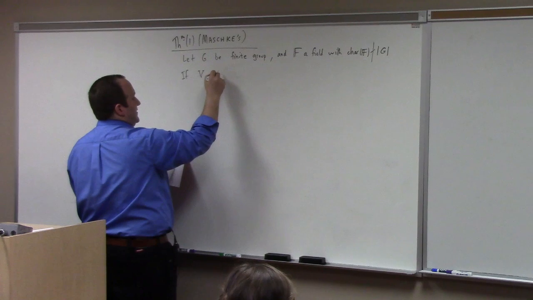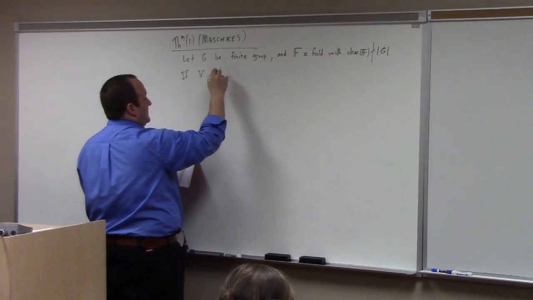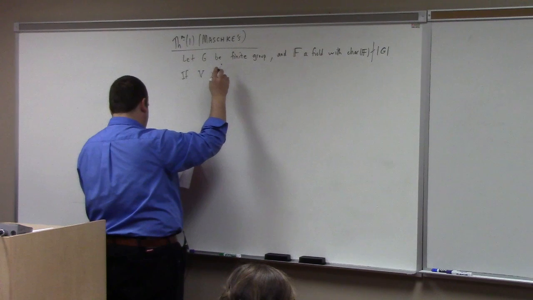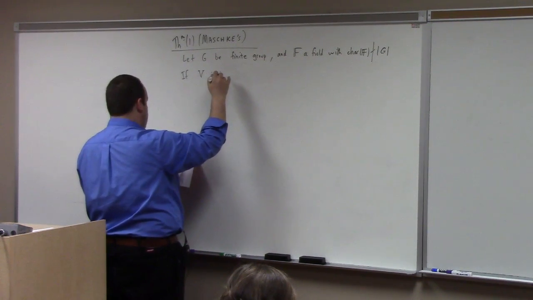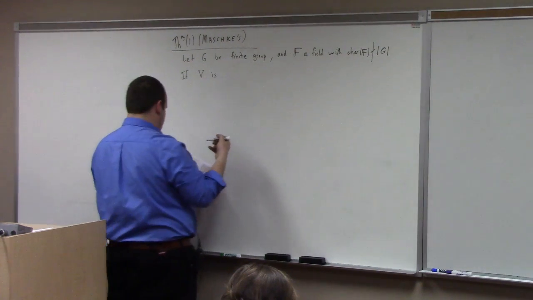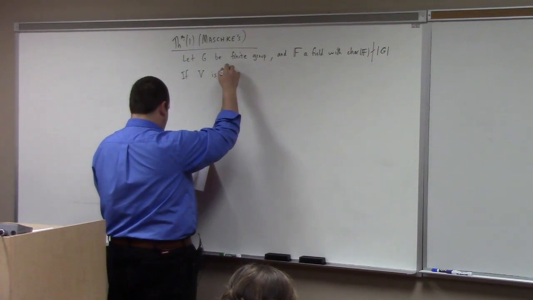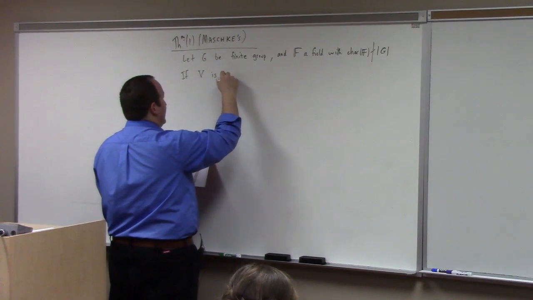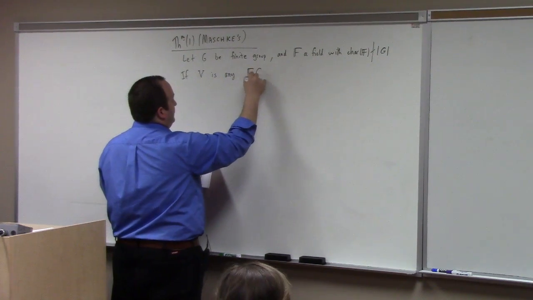How many times do we need to add the number 1 to itself to get back 0, if at all? If it doesn't ever happen, the field is said to have characteristic 0. So in particular, this theorem applies to fields with characteristic 0, which is, in truth, all I care about. But that's because I'm a bad mathematician. That's very close-minded of me, isn't it? V is any FG module.